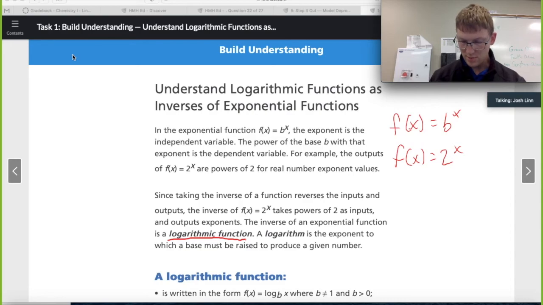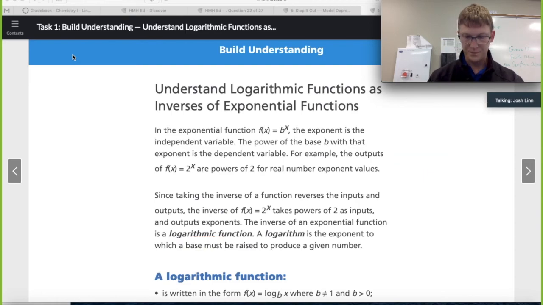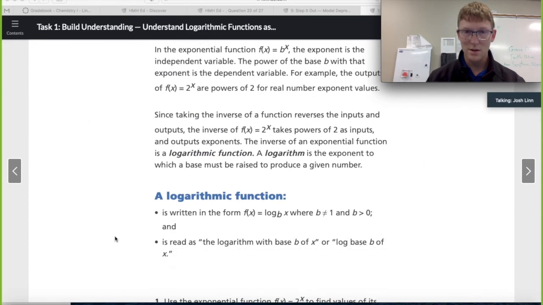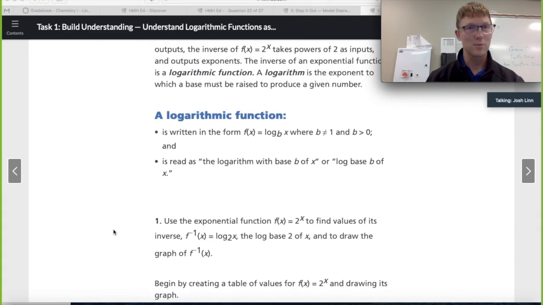A logarithm is the exponent to which a base must be raised to produce a given number. So let's look into that. Let's put it into symbols so that it makes a little bit more sense. A logarithm problem or equation would look like this. We use the letters log, and you'll notice that there's always a base as a subscript and then another number.